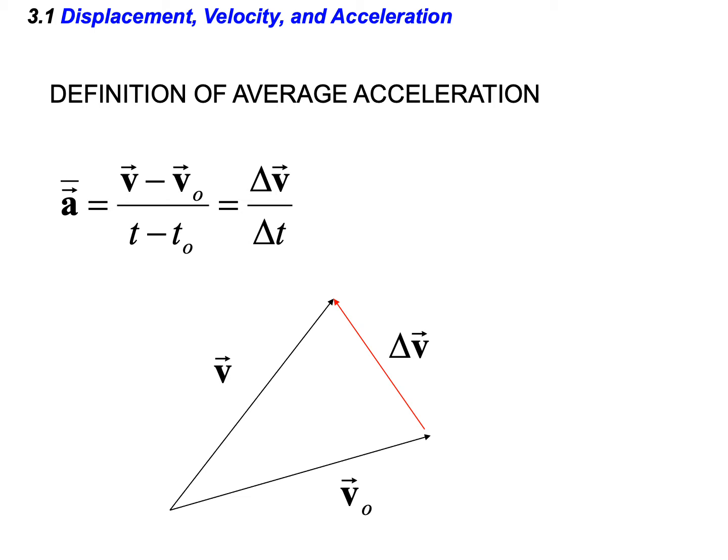We can define the acceleration like in the last section. Acceleration is the velocity change divided by the time change, so delta v over delta t. With the acceleration and the velocity for two dimensions that we learned in the previous slide, we can write four equations very similar to the four equations we learned in the previous chapter.